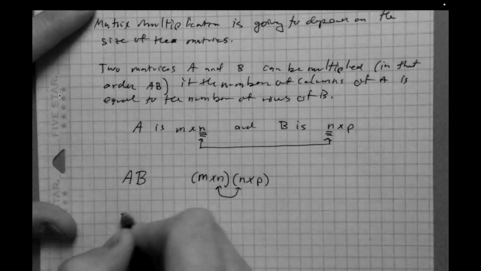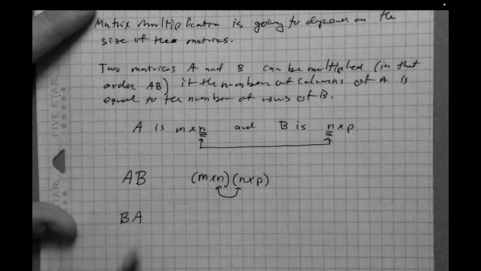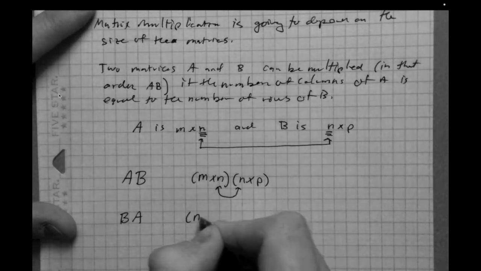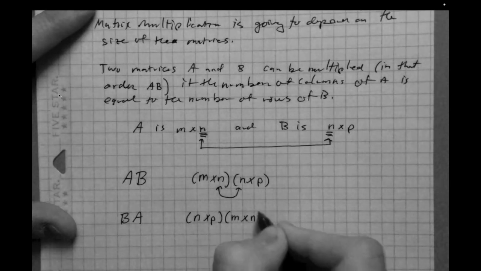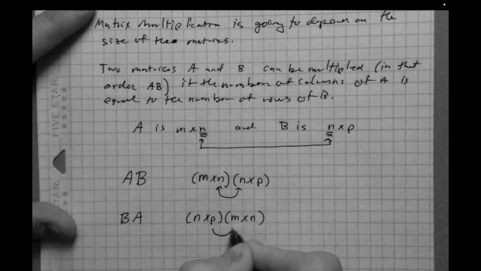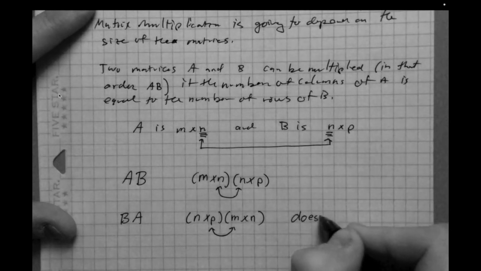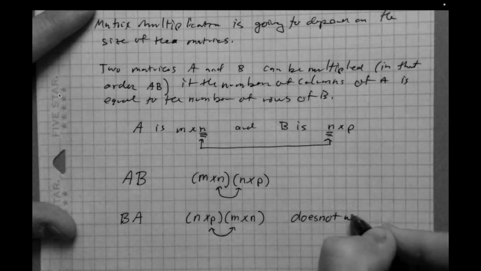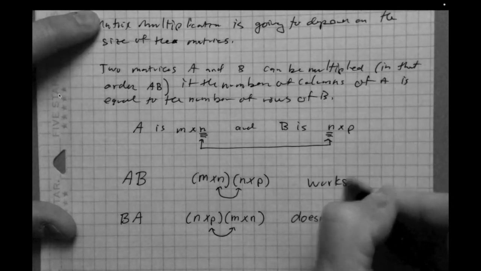However, given the same two matrices, if I try to multiply B times A in this order, that's like saying an n by p times an m by n. In this case, this doesn't work. This one does work.